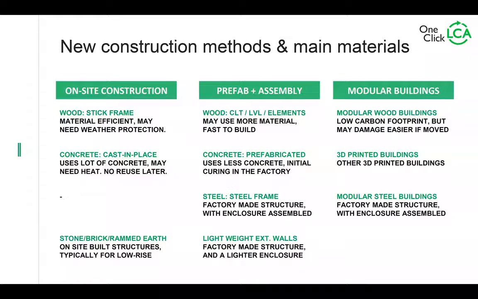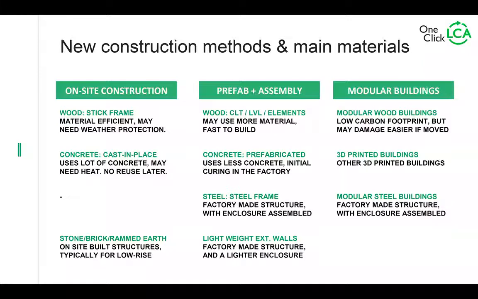In winter conditions especially, concrete may need heat to prevent it from cracking during curing time. Cast in place concrete is not literally impossible, but practically impossible to reuse. So it's one-way building, and in that sense, of course, it would be desirable to consider other options if such are available.